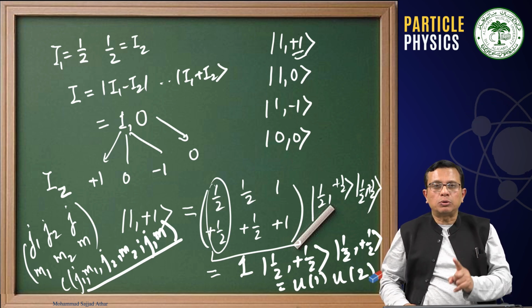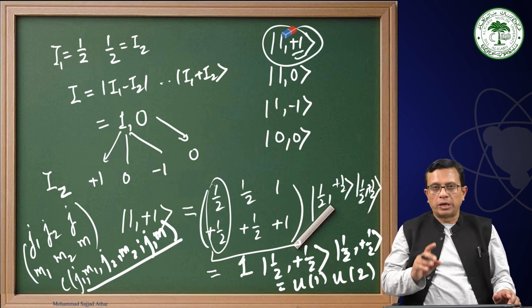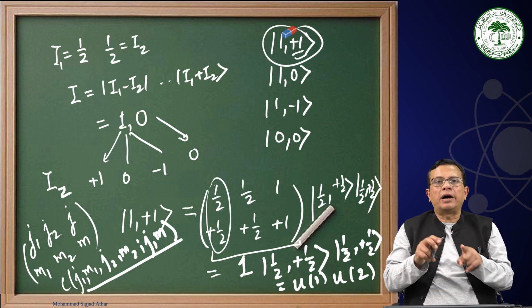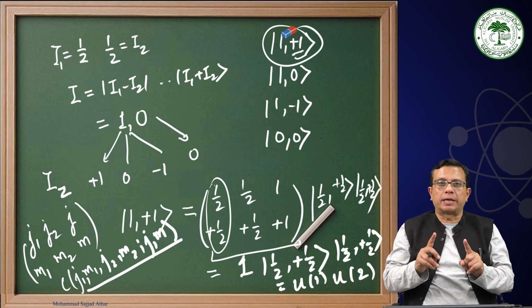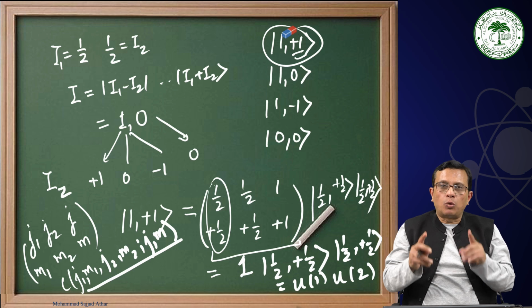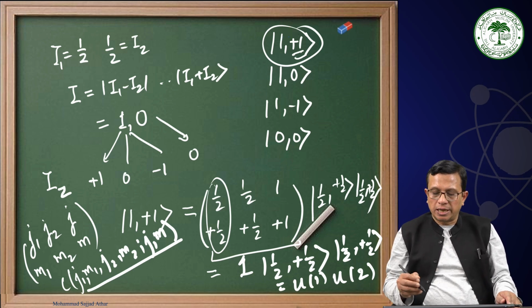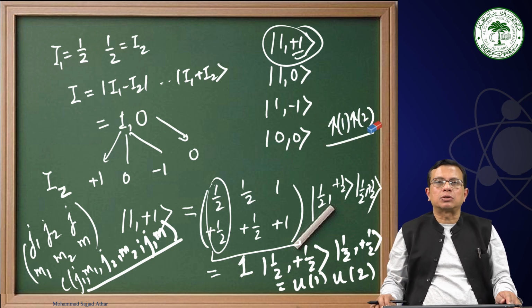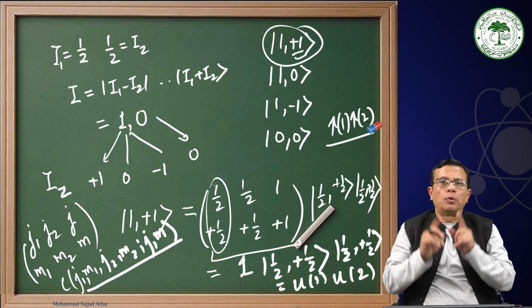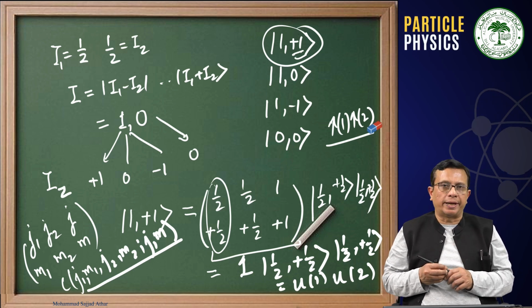Therefore, if you want to get the 1 plus 1 state, the option is only that in both these states you have U quarks. Like if we have two spin half particles, then if we want to have 1 plus 1, you can remember from your quantum mechanics classes that this is only possible when both of the spins of these particles are in the upward direction.